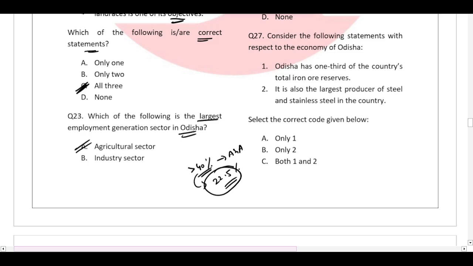This statement was put here to show you that from the same data, we could ask three different types of questions. If you know the correct facts and data, and understand things systematically and conceptually, however the question is asked, whether which is the largest, which is the smallest, or what is the value, you will be able to answer.